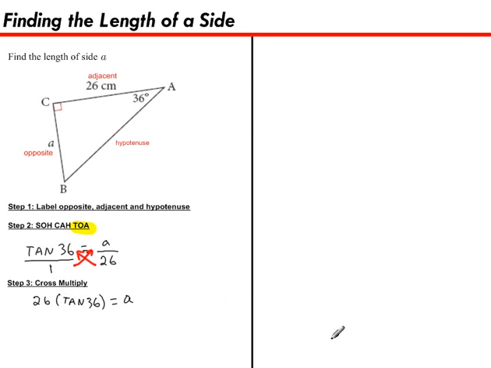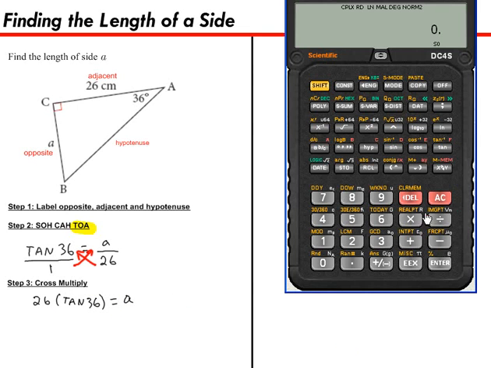So let me bring in my trusty scientific calculator, and I'm just going to punch in what I see right here. 26, and then I'm looking for the tan button. Usually you can find the trig ratios in groups of 3, sine, cos, and tan, and I'm looking for this button right there, tan. I'll hit that once, and I'll punch in 36, and then enter, and there I go.